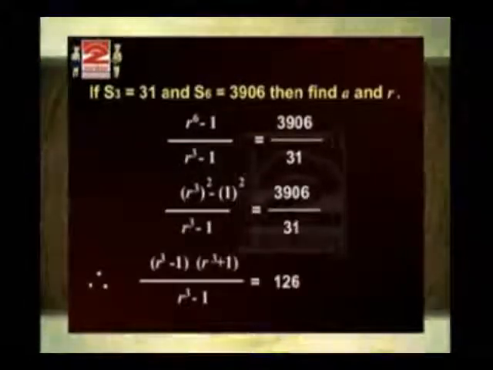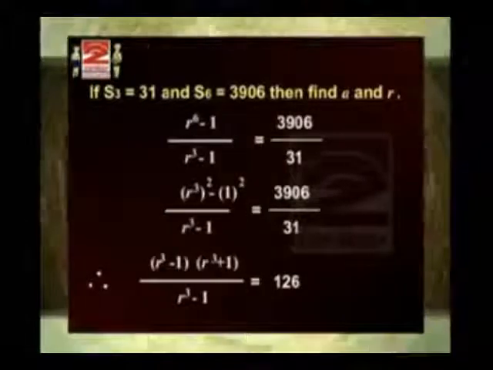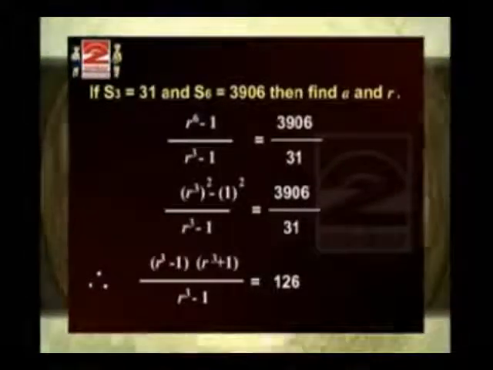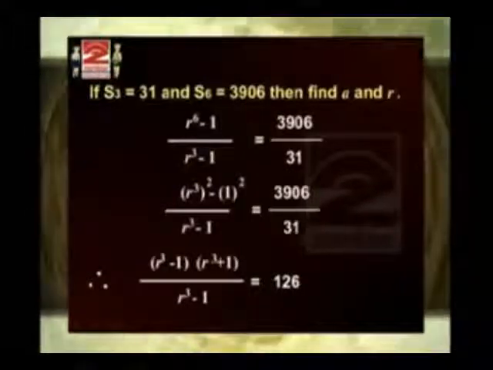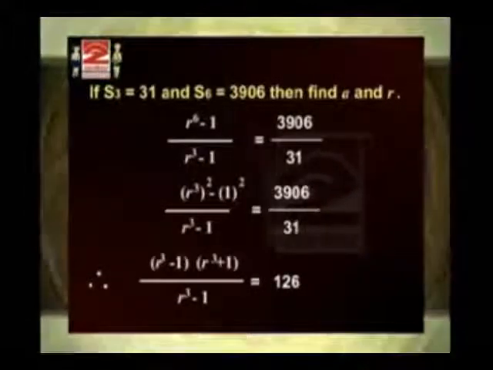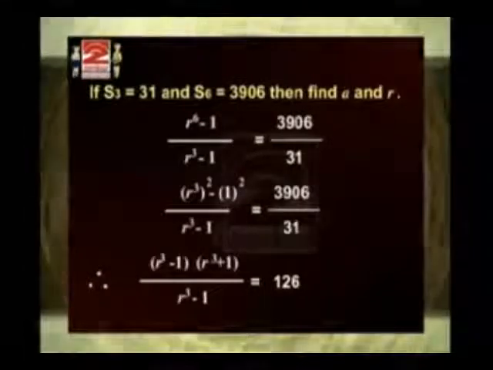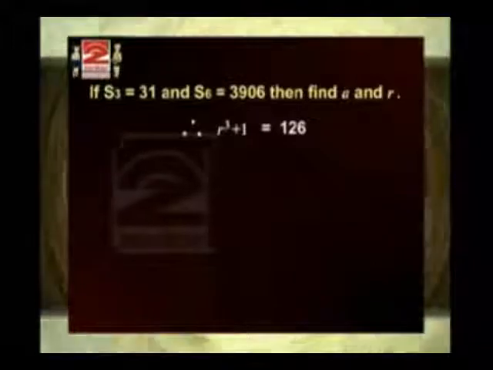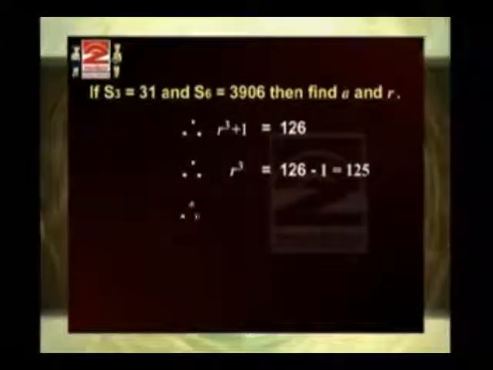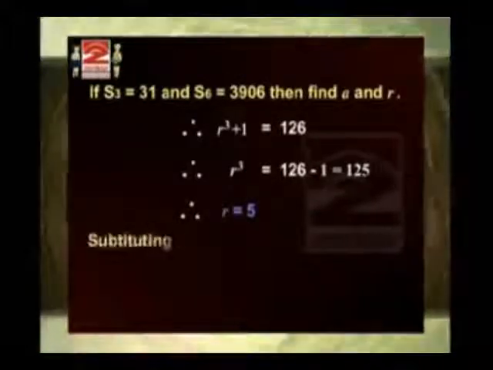Therefore, R raised to 3 minus 1 in one bracket into R raised to 3 plus 1 in another bracket divided by R raised to 3 minus 1, that is equal to 126. Therefore, R raised to 3 plus 1 is equal to 126. Therefore, R cube is equal to 126 minus 1. Therefore, taking the cube root of both sides, R is equal to 5.